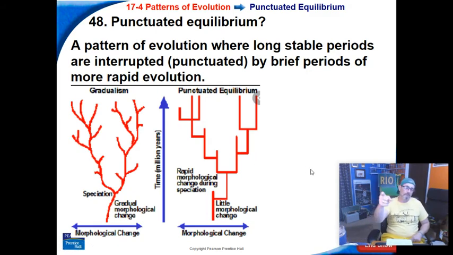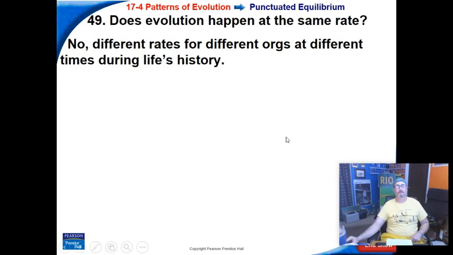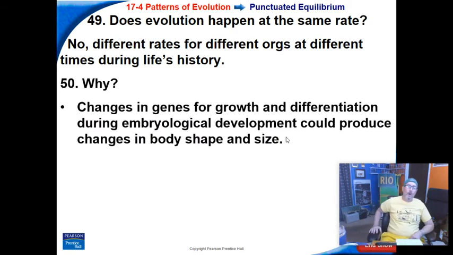All right, moving ahead. I said, does evolution happen at the same rate? No, it does not. It depends on a lot of different things. All right, so why does it happen at different rates?